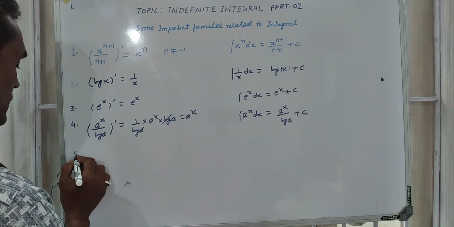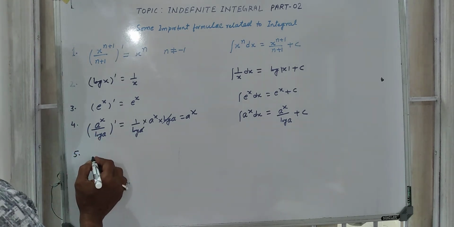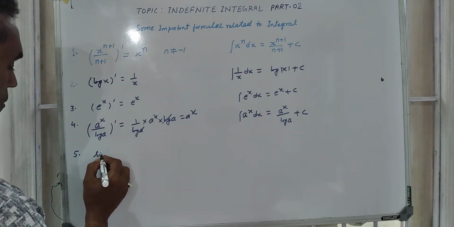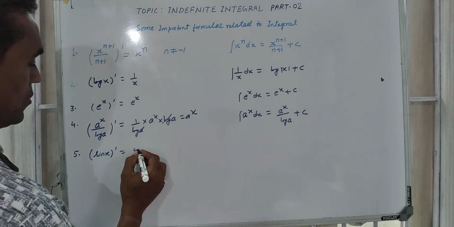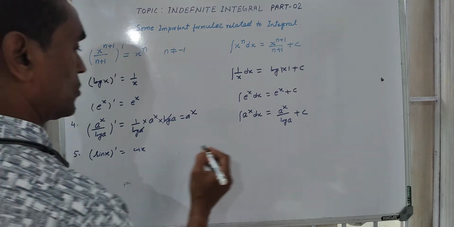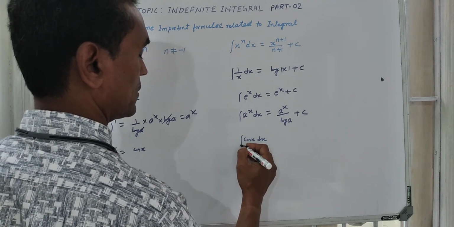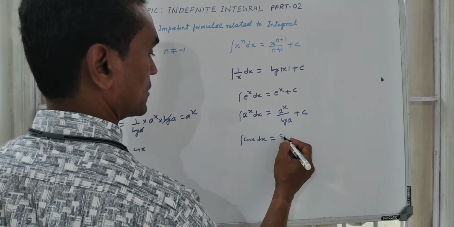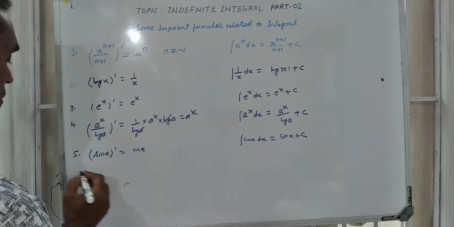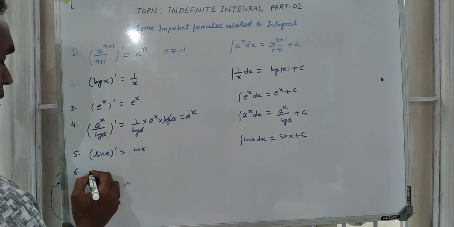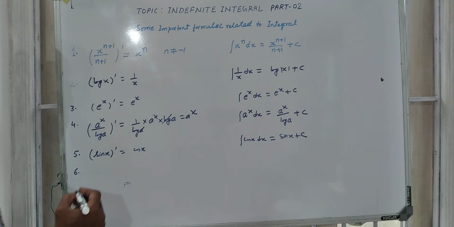Now fifth one, sin x. Derivative of sin x is cos x. So integral of cos x will be sin x and some constant c. 6, derivative of cos x is minus sin x.